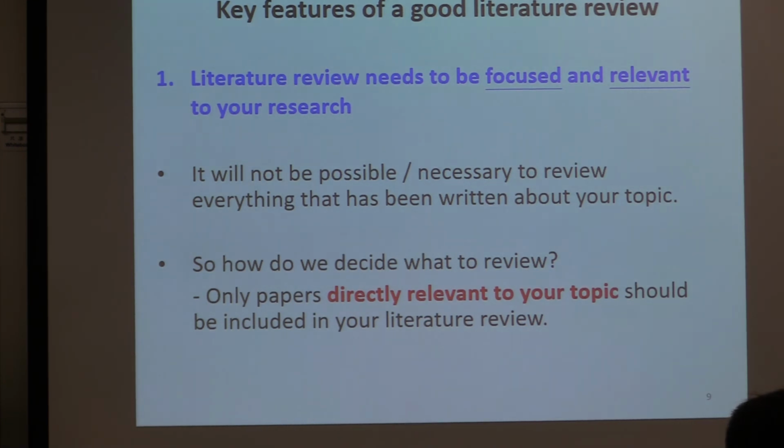But again, how can you decide what to review? Well, only papers directly relevant to your topic. But how do you know that a paper is directly relevant? First, you have to have a workable topic. You can think of a topic and propose it to your supervisor, and the supervisor can often advise you whether your topic is workable or not, because they have experience.